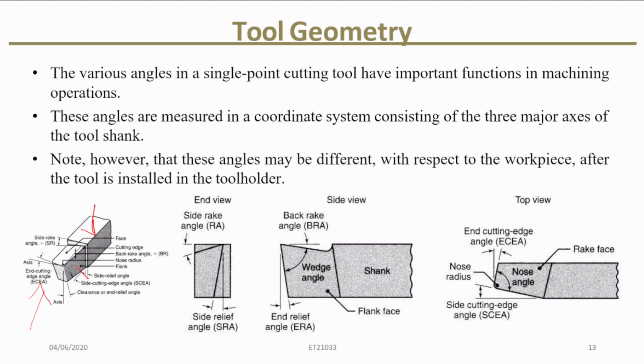The angle between these two surfaces is known as the side rake angle. The short name is RA. The angle between this side surface and this side surface is known as the side relief angle. Here it also mentions the side relief angle.